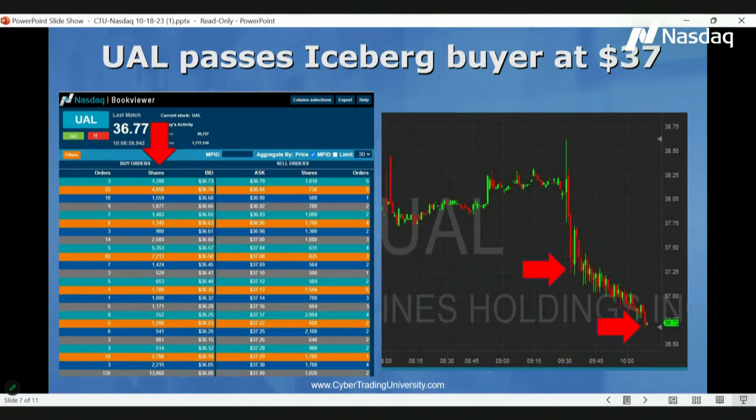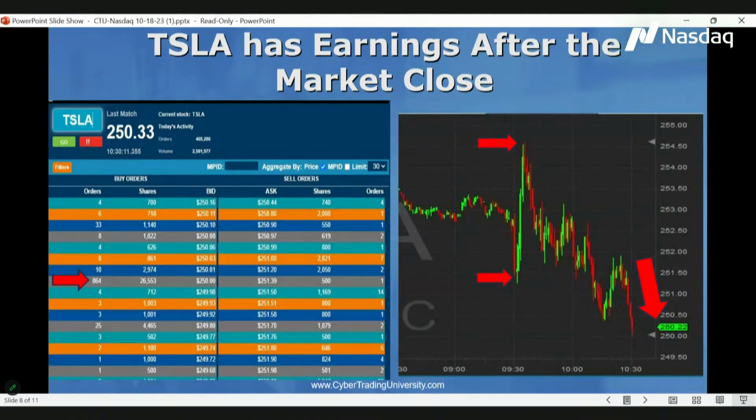Sold, you have it. So if someone buys it and took that support level away, what's going to happen? It's going to go lower. And that's how we went from that 37 all the way down to 36.72. So that's another thing that the book viewer could help you out by seeing, are those orders getting executed? Because we look at those buyers and we judge them on support levels, but if someone sells it to them, not a good sign.